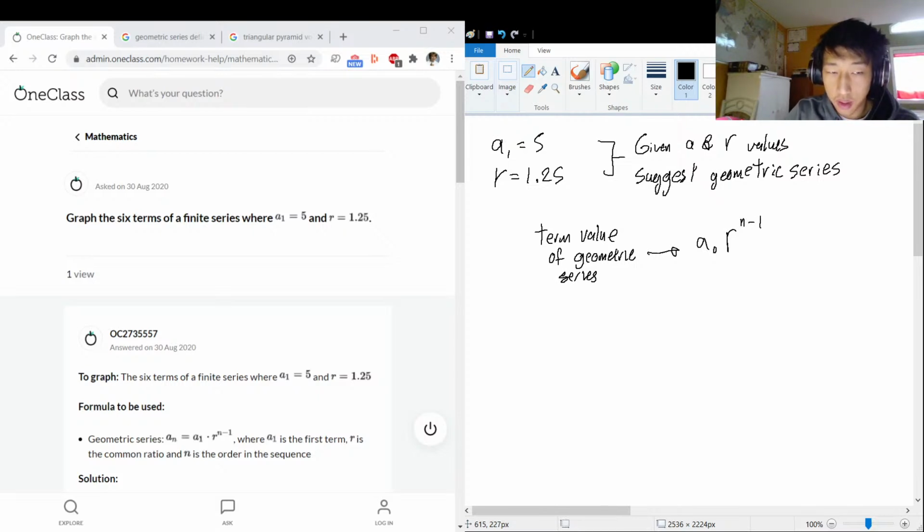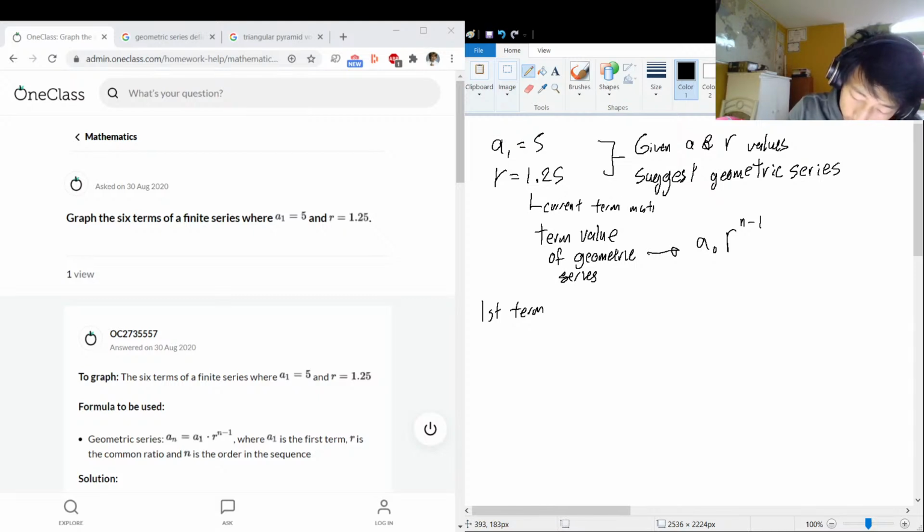R is basically what you multiply the current term by to get the next term. So the first term we know is going to be 5.